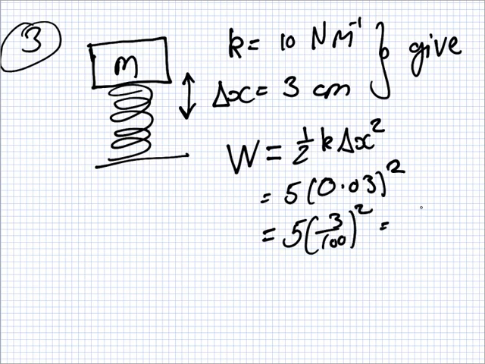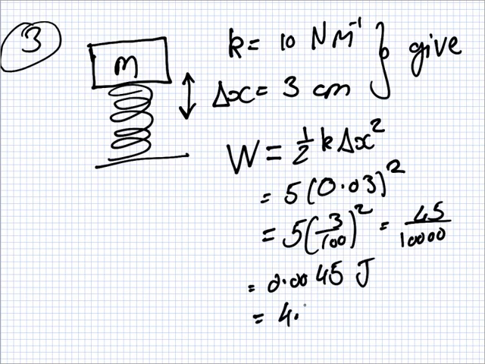So what's that? 9 times 5 is 45 over 0.0000, 1, 2, 3, 4. 4.5 millijoules.